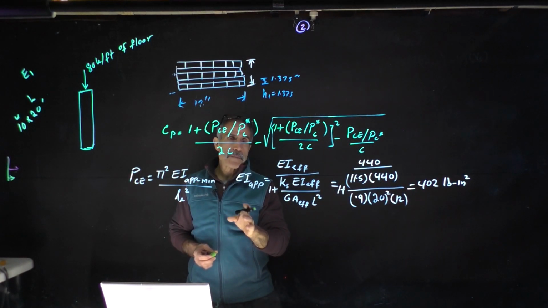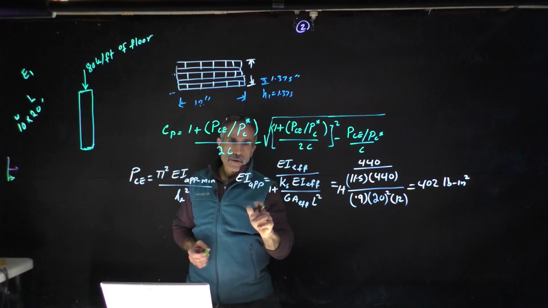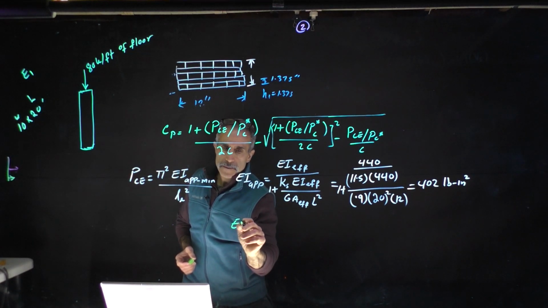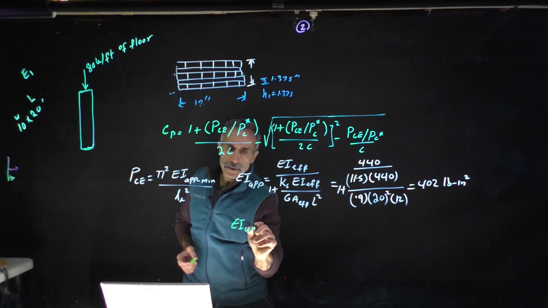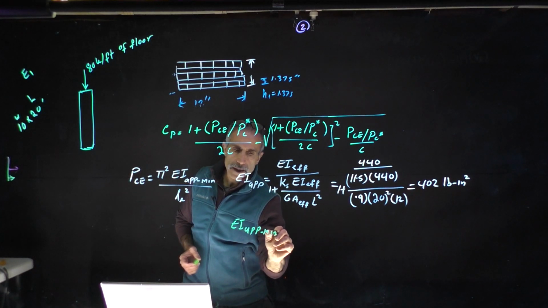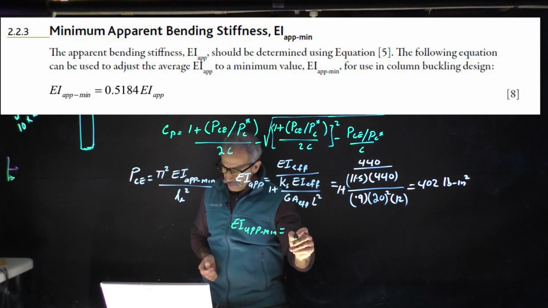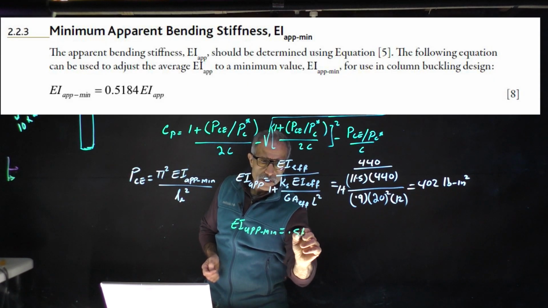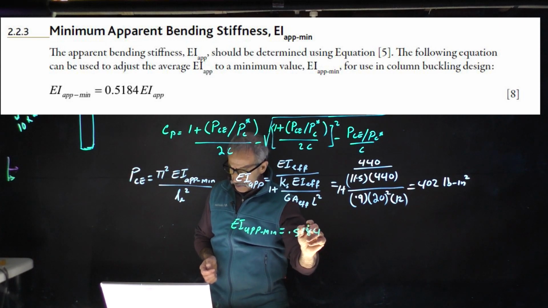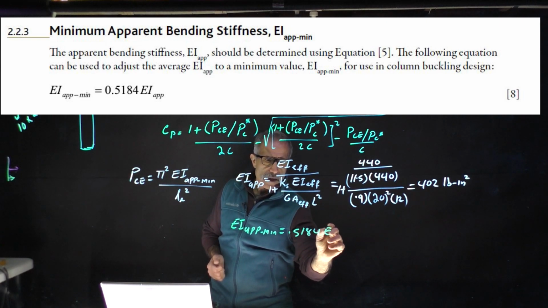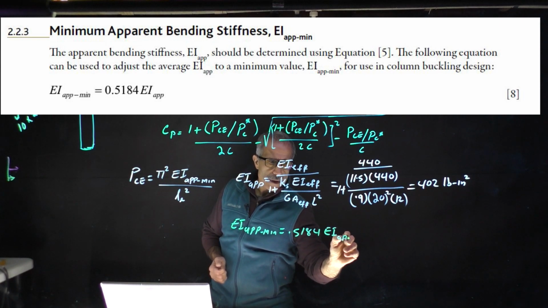The minimum apparent bending stiffness, which is EI apparent-min, is equal to, by the spec right there, 0.5184 multiplied by EI apparent.